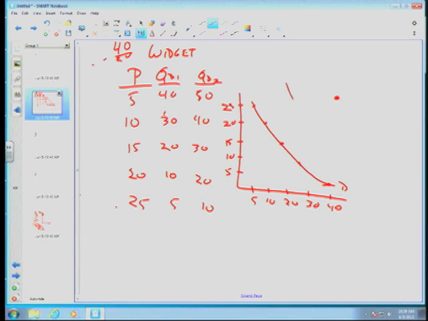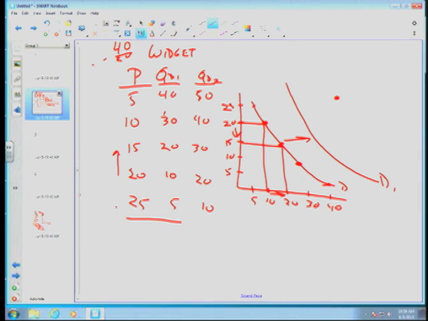So what happens is this curve has shifted out to the right. This is called an increase in demand. When we move from one point on the curve, price goes from $20 to $15, price goes down, quantity demanded increases.